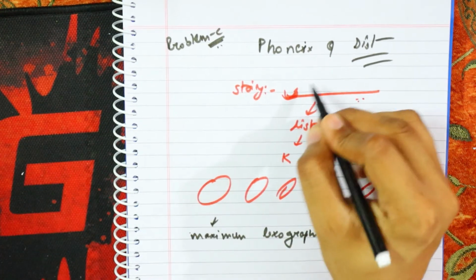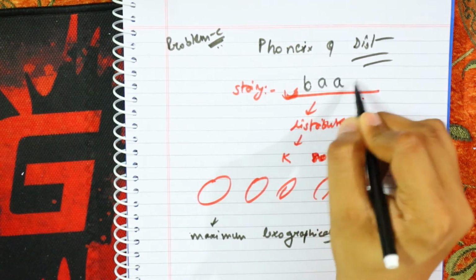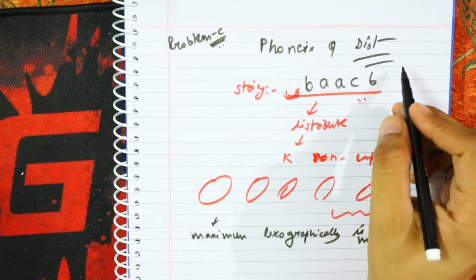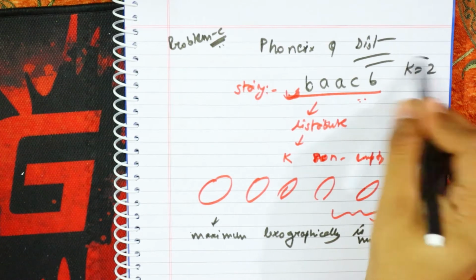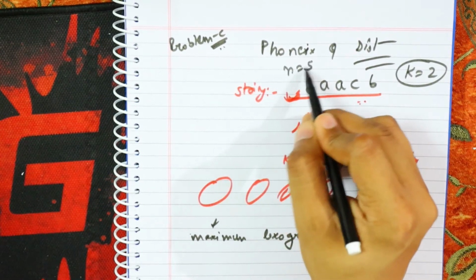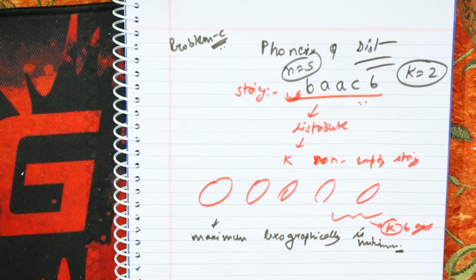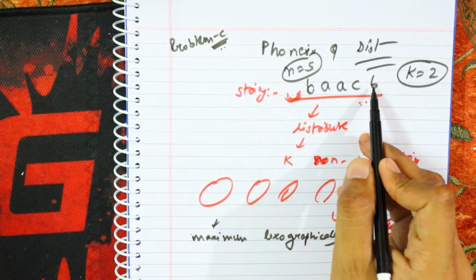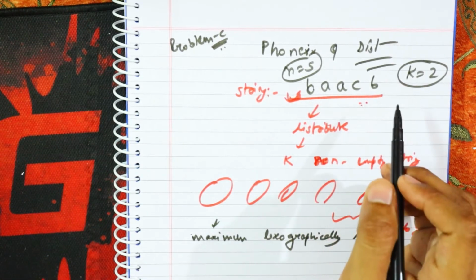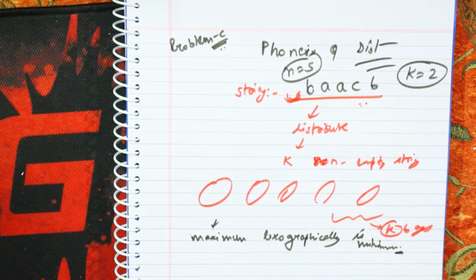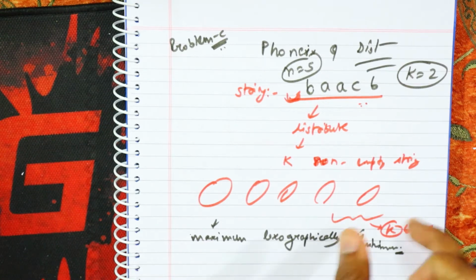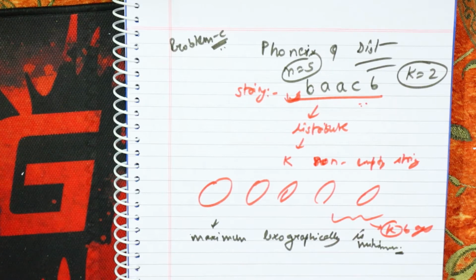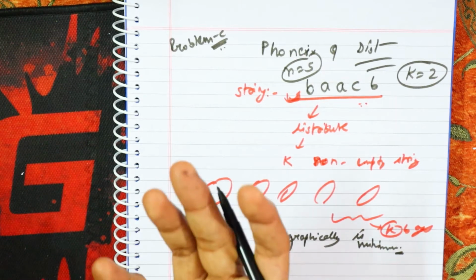For example, I have BAACB and my K was 2. First of all, I will have N, which is 5, and my K is 2. So I will place these 5 letters into 2 bags so that the maximum lexicographically string in these K bags should be minimum.